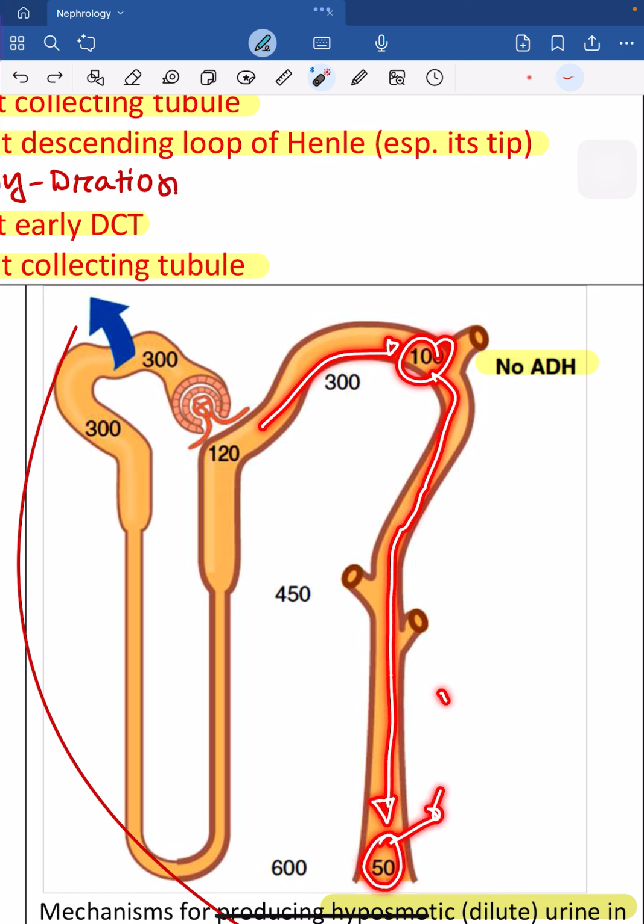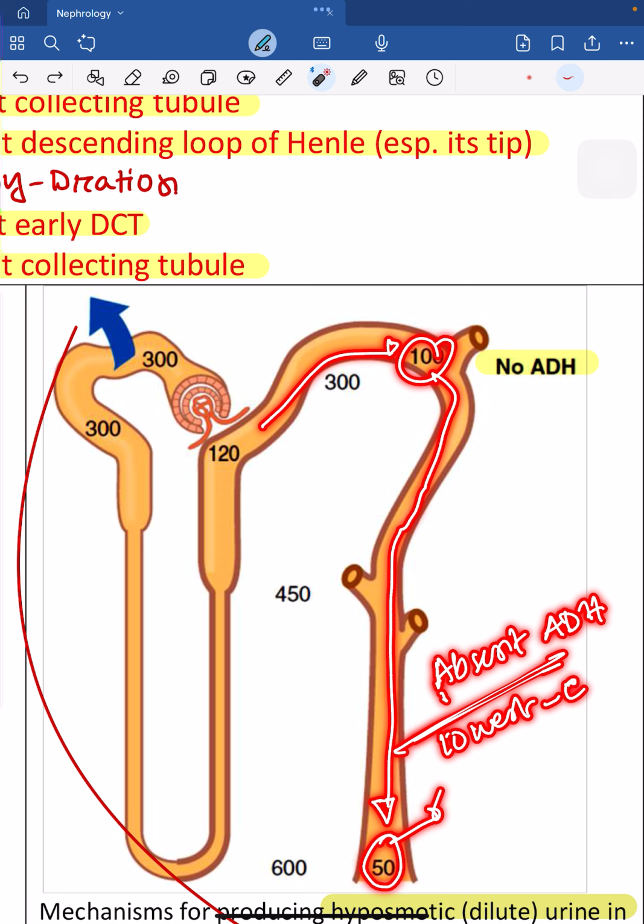So in the absence of ADH, the lowest osmolarity is in the collecting duct and the highest osmolarity is in the loop of Henle.